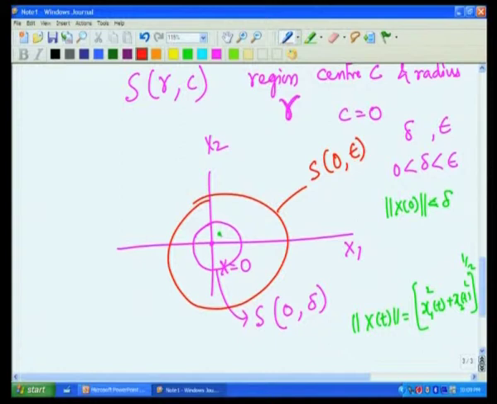Then starting with this x of 0, the green point, my system is said to be stable if the solution as a function of time remains in this circle of radius epsilon for all times from time t equal to 0 to time t equal to infinity. This is what I call a stable steady state.